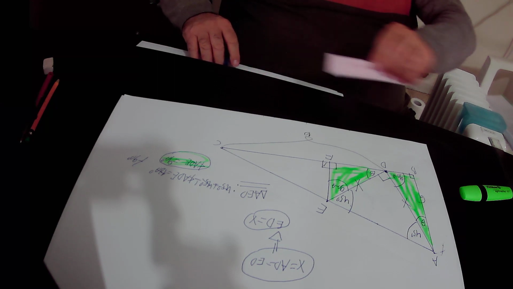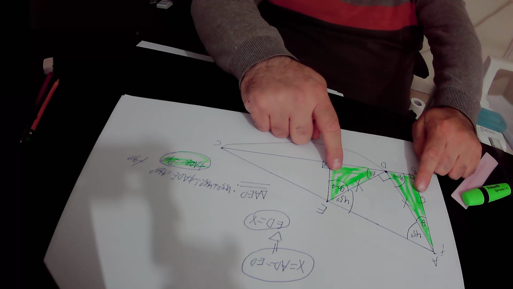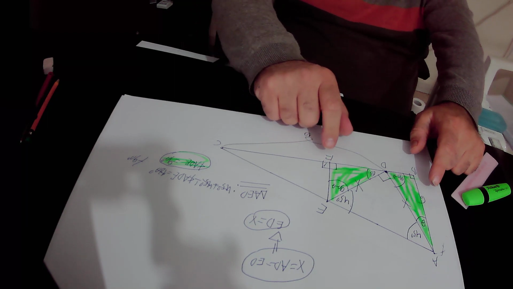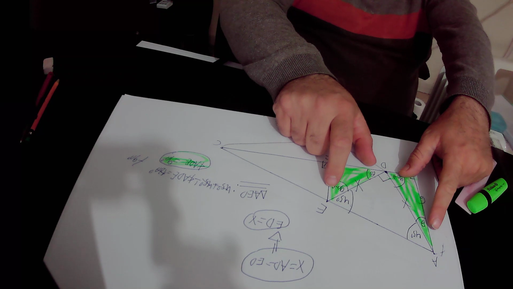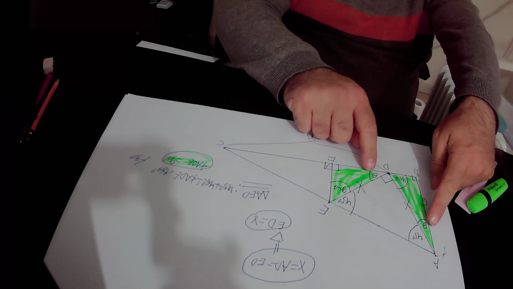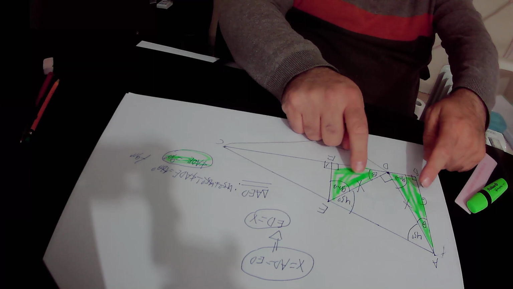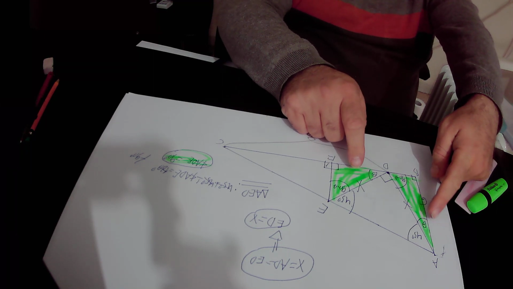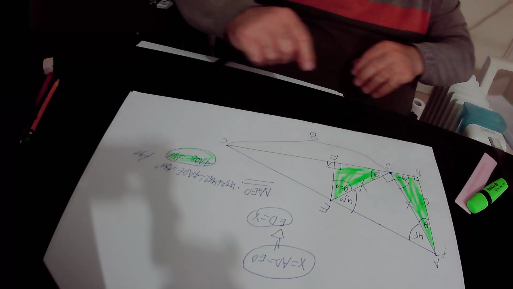So we actually proved that those two green right triangles can go into each other according to the angle side angle rule. Those two angles are equal to each other, those two angles are equal to each other, and the side attached to them is also equal. AD equals DE equals X.